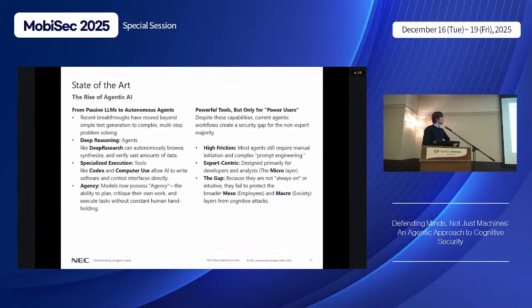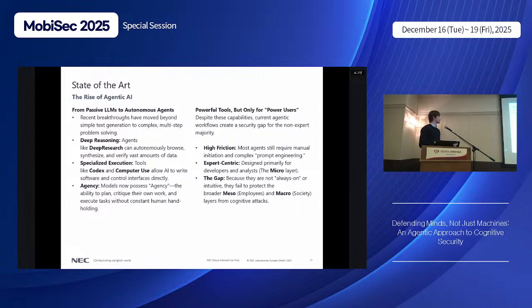Okay, so in recent years, with the rise of LLMs, we've gone from being able to use LLMs passively to what we call agentic systems, with agents that are autonomous.